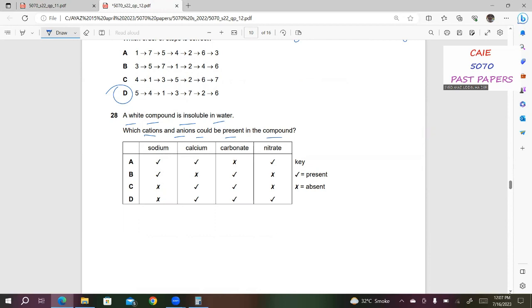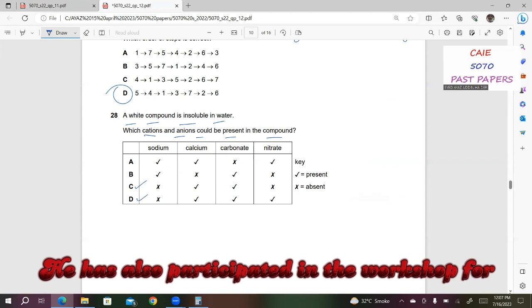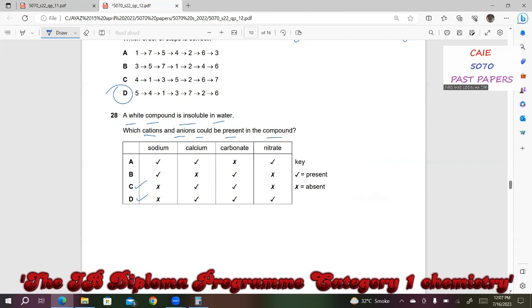So we know that if a white compound is insoluble in water, it must not be of sodium. So either C is correct or D is correct. What about calcium? Yes, it can be calcium because some of the salts of calcium are insoluble. On the other hand, all the salts of sodium are soluble in water. Carbonate of calcium is insoluble in water.